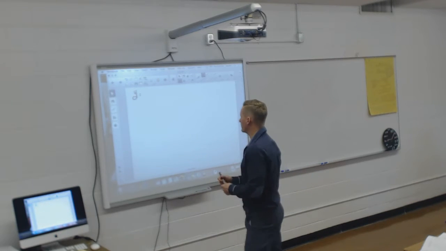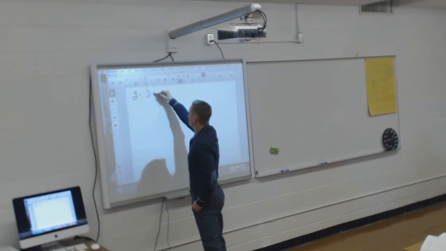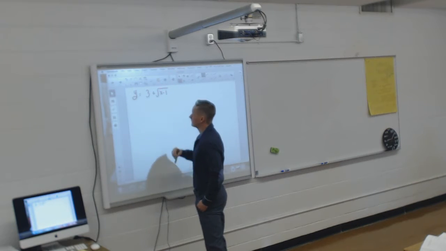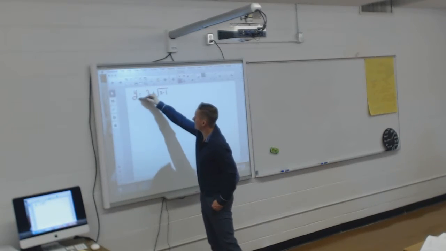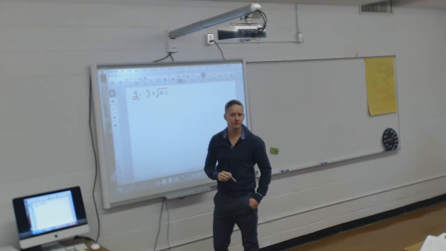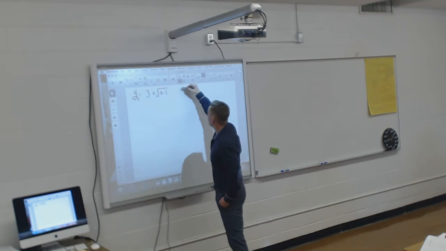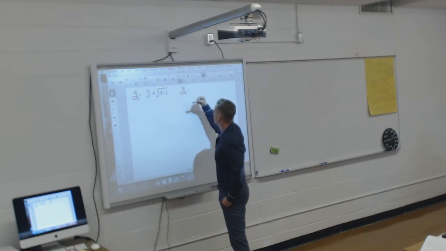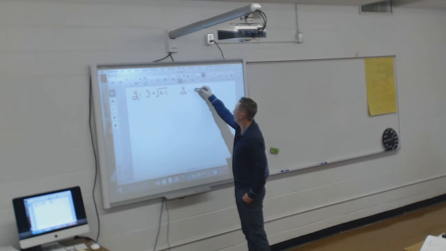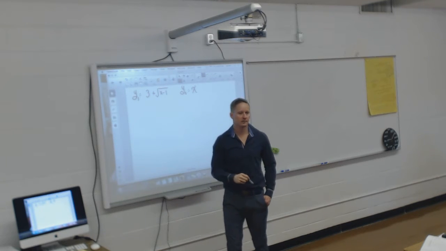Okay? So what was the equation? 3 plus square root x subtract 1? Yeah. That was the left side. I'm going to make that y1. Okay? And then I'm going to make y2 y equals x, the right side.